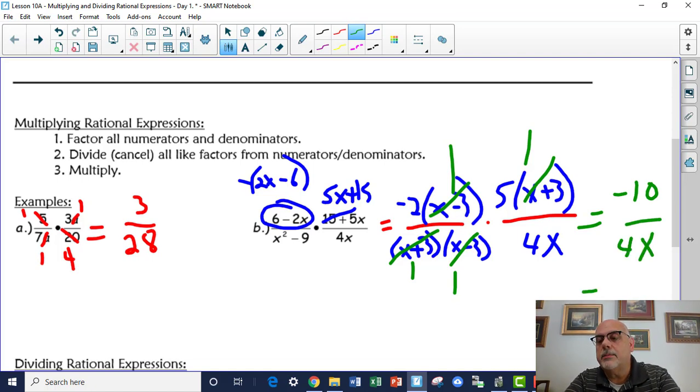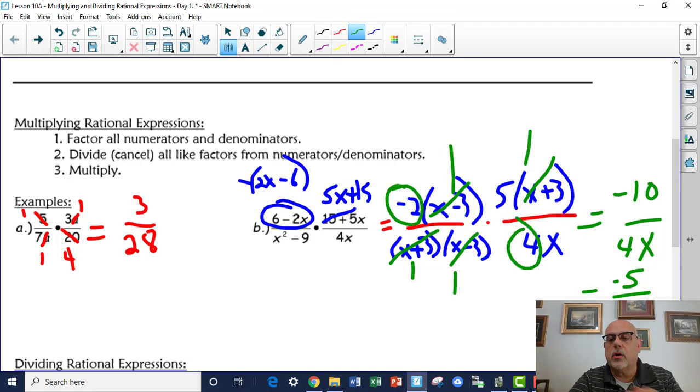Now we can simplify the negative 10 over 4x to negative 5 over 2x. We could have dealt with the negative 2 and the 4 up front, but it didn't really matter. Maybe it's a little cleaner this way. Okay, so there's your final answer. So you're going to factor first, factor first, factor first, then divide out.